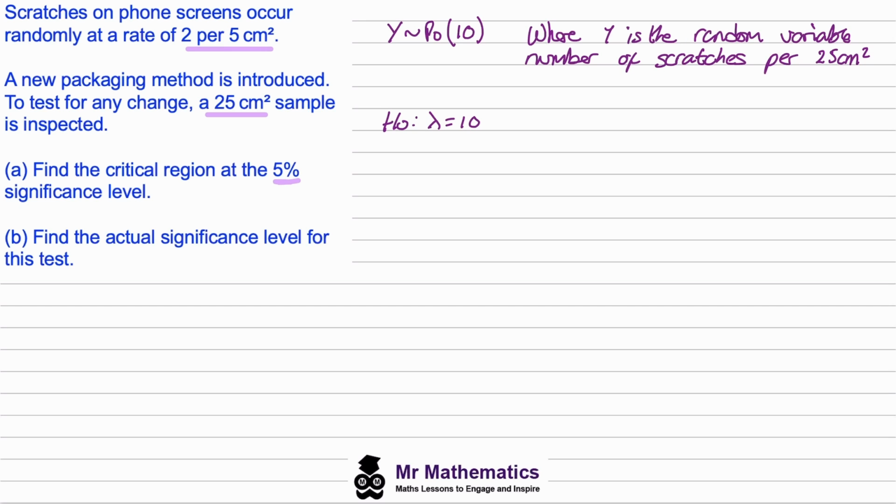What do you think the alternate hypothesis would be? So it tells us here that we're testing for a change, and the change could be greater or less than 10. So our alternate hypothesis is that lambda does not equal 10. So this will involve a two-tailed test.